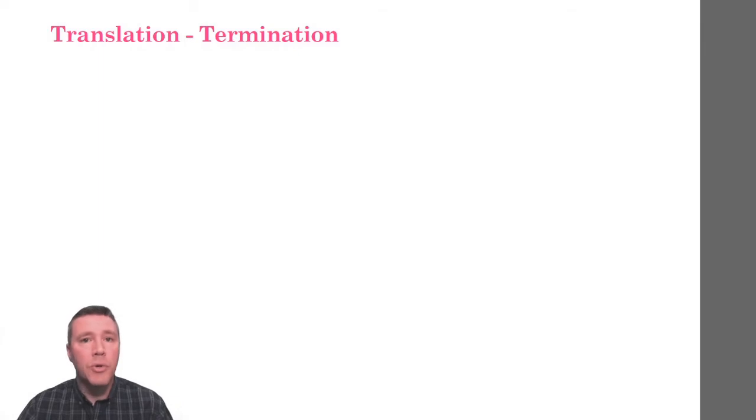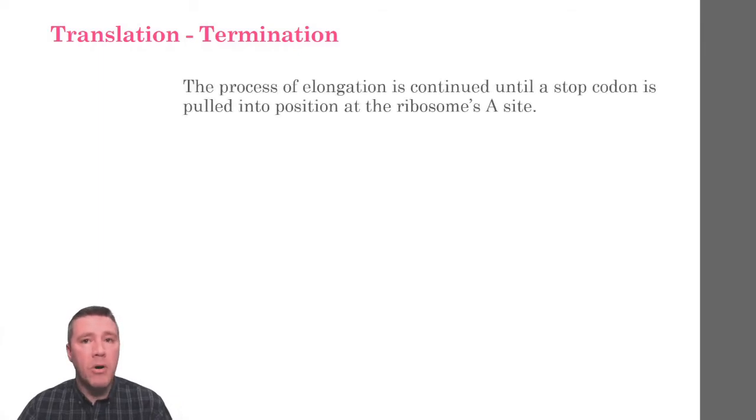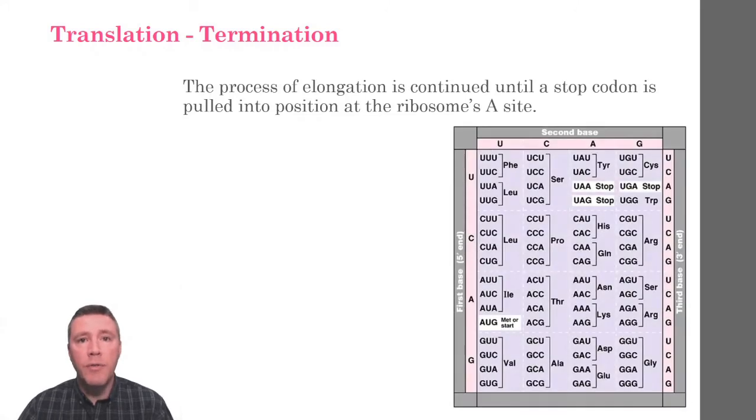Elongation continues, with the ribosome drawing the mRNA through itself, one codon at a time, until one of the 3 stop codons is pulled into the A site. Transfer RNA molecules do not exist for any of the stop codons. By extension, that would also mean there is no corresponding anticodon and clearly no amino acid for a stop codon.